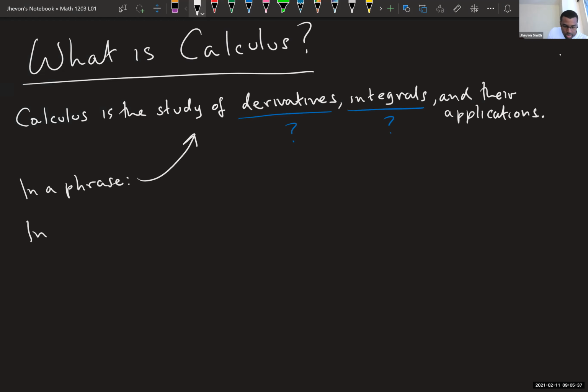In a word, right? Someone puts a gun to your head and says, tell me in one word what calculus is about. Probably the best answer would be limits, right? Which is a mathematical thing. We're going to talk about what a limit is specifically, but limits would be the one word answer. Why? Because derivatives and integrals are special kinds of limits.